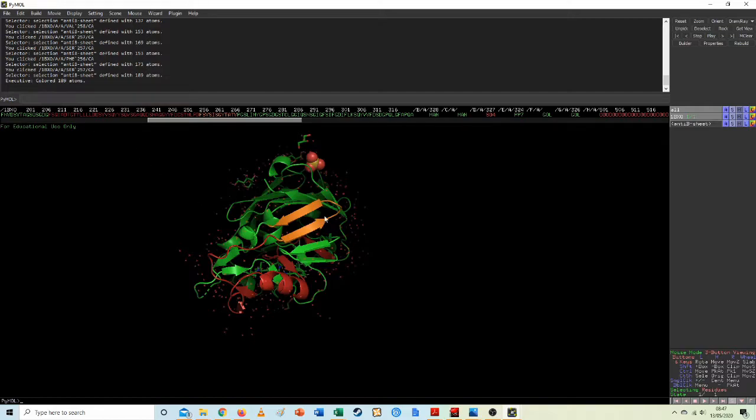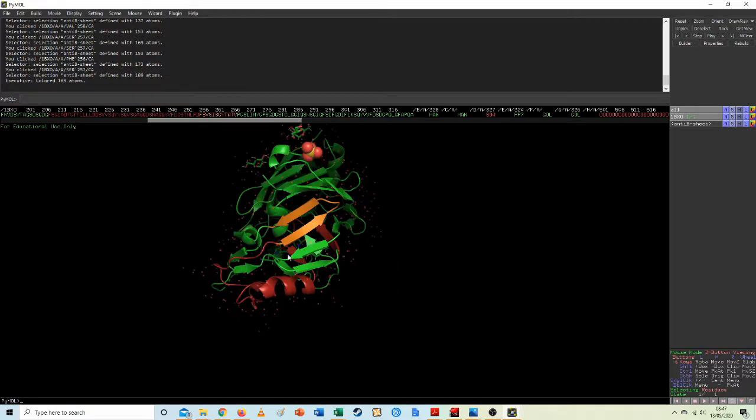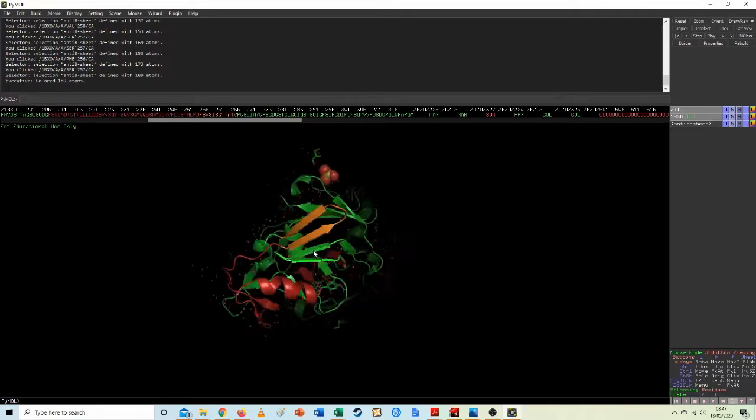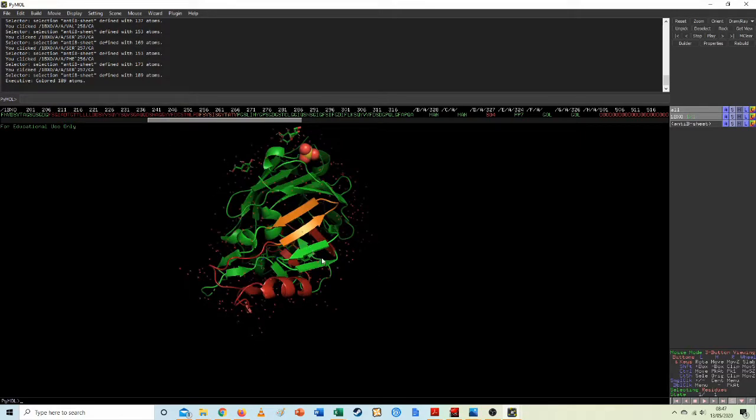They can be formed from different areas quite far apart in the polypeptide primary structure. So these two in green here and these two in orange, they all form part of a beta pleated sheet, but they are not next to each other in terms of the order of amino acids.